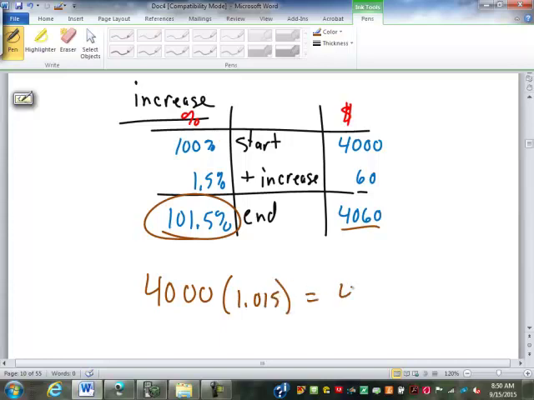If you multiply that out, you get 4,060. Now I'm going to pause for a second. Does anybody have any questions where the 1.015 comes from? That's just the 100% starting amount plus the 1.5% per quarter.